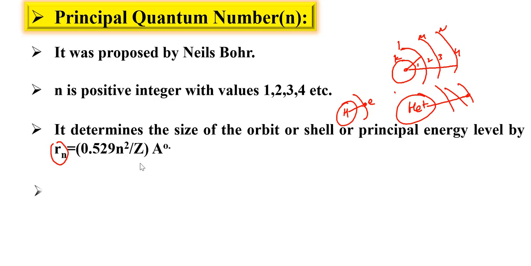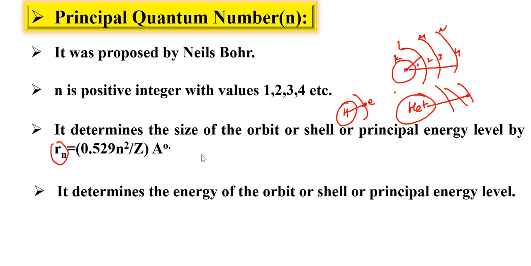Here n is the orbit or shell number, and Z is the atomic number. You can solve the same question I gave here.